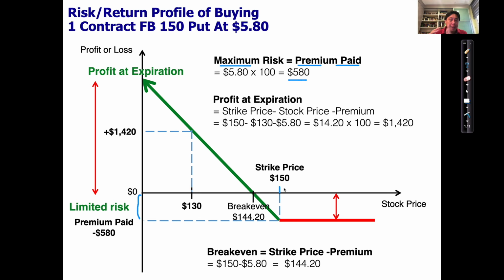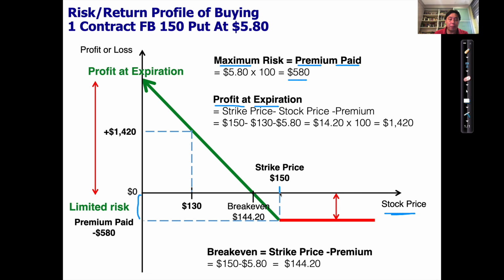So limited risk. When you buy a put, risk is limited if the share price goes up. If the stock price goes down, your puts become valuable, right? Share price goes down, you start making money, you make a profit. So how much profit do you make? The profit that you make at expiration, note that the lower the stock price goes, the more profit you make.